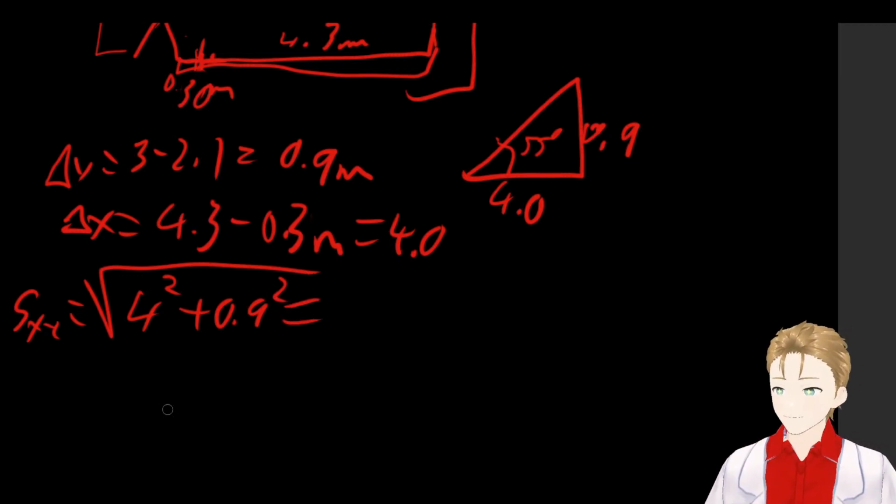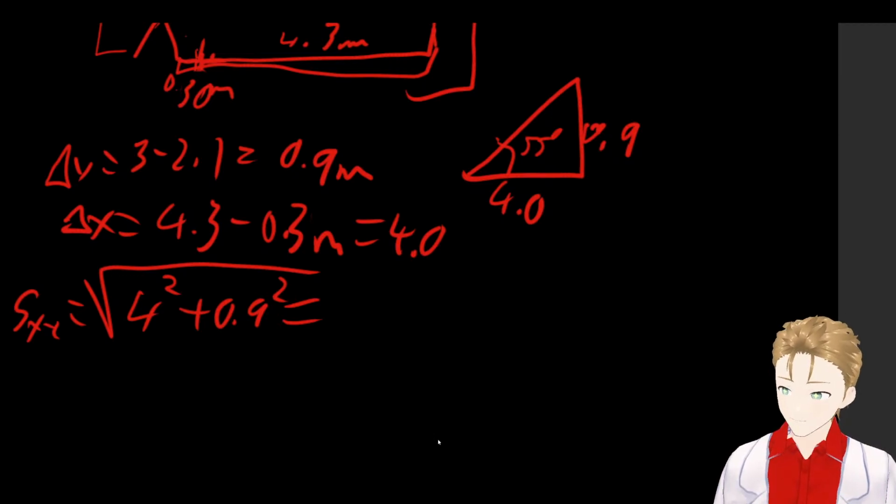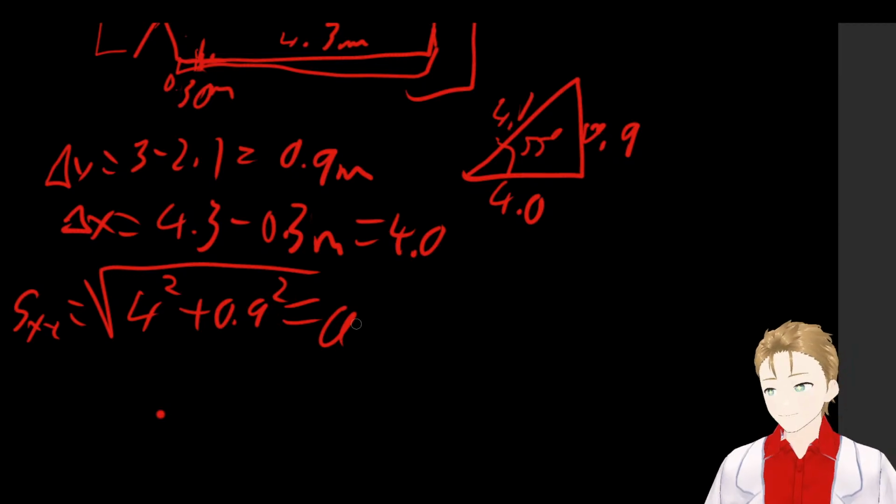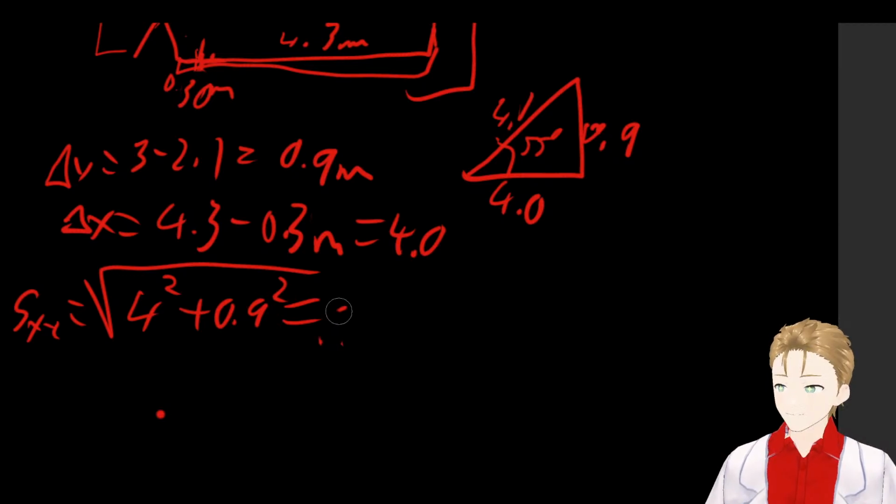What do we get? 4 squared plus 0.9 squared, all the way equal to 4.1.